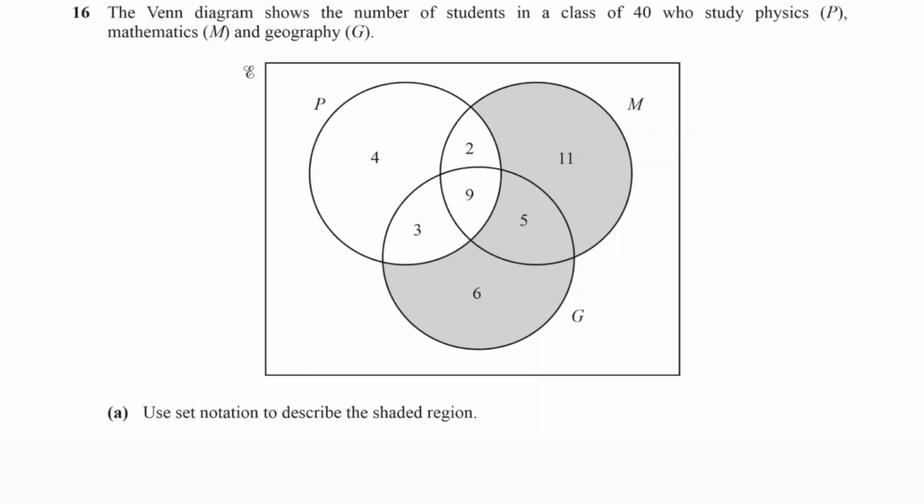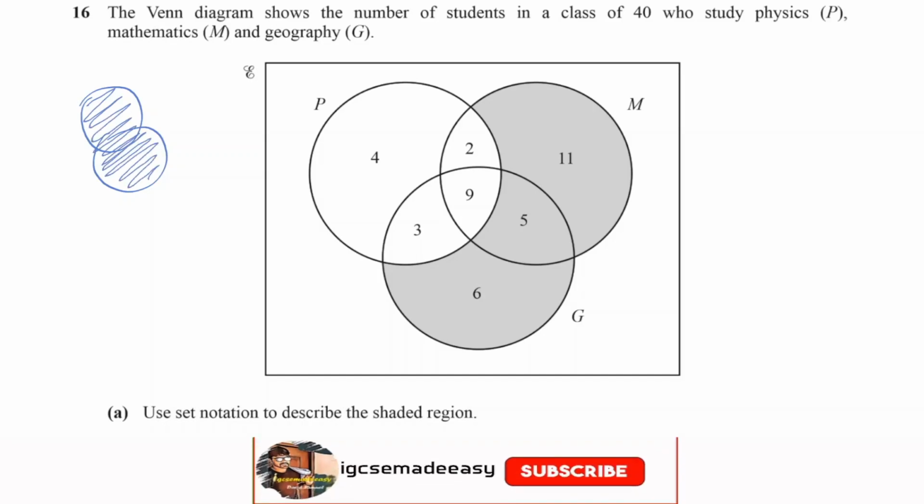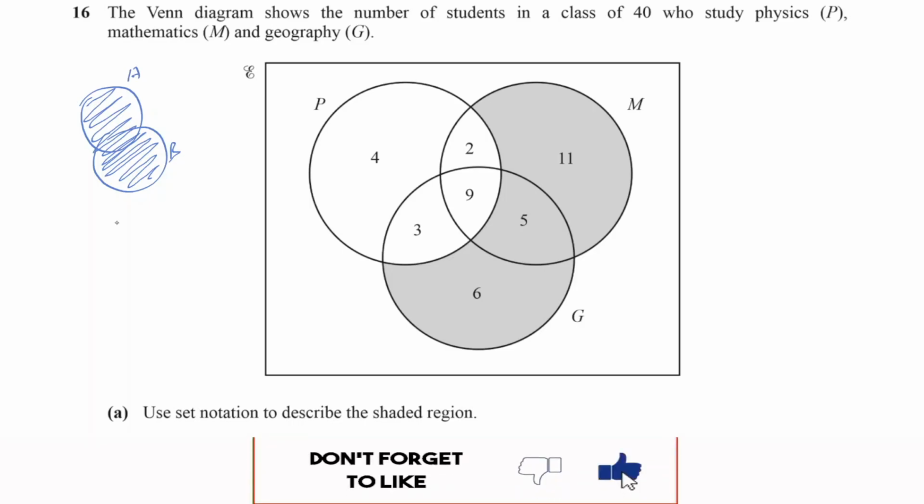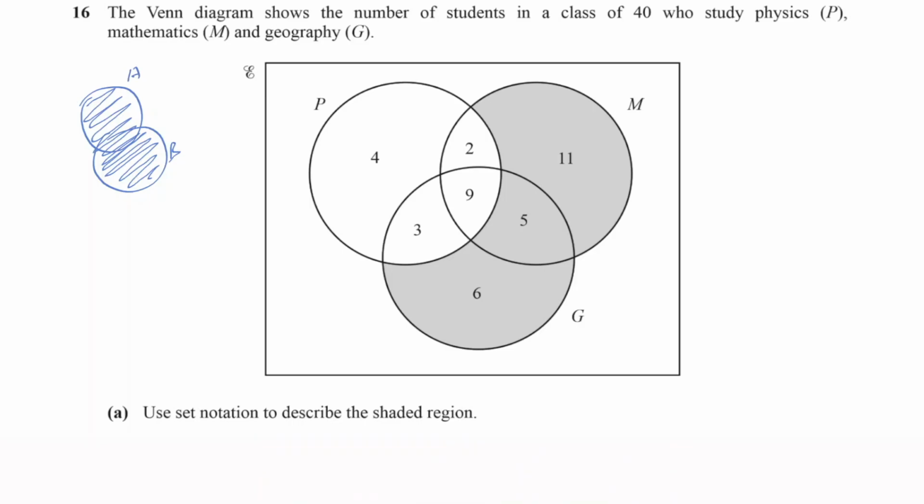You should know that if you remember set notation, if both parts are shaded, let's say this is A and B, the notation that you have used here is A union B, correct? Because everything is shaded, right? If this is the case, then you should have used A intersection B, right?